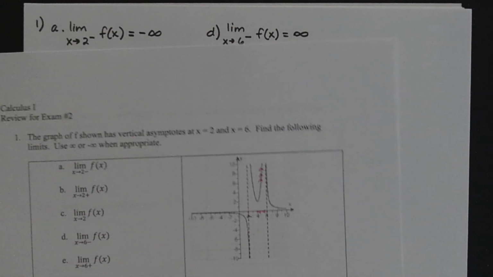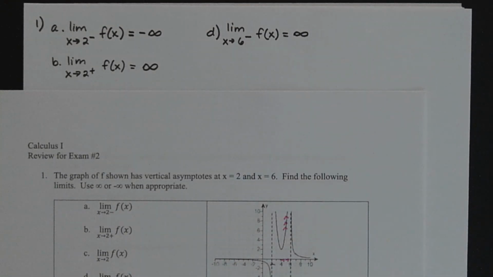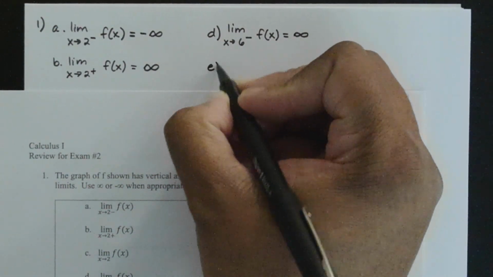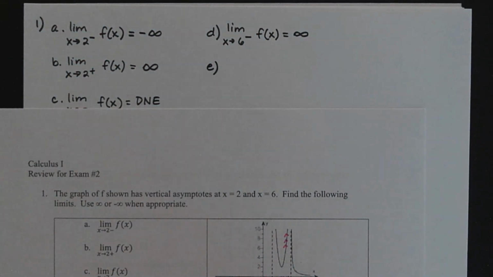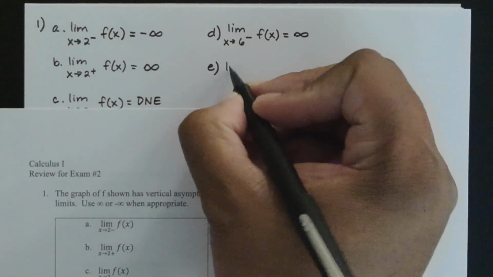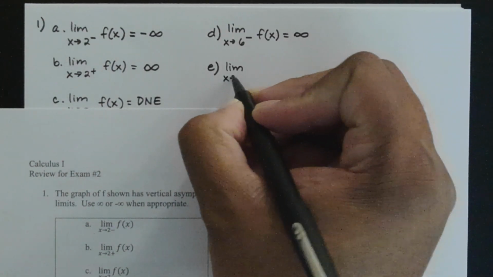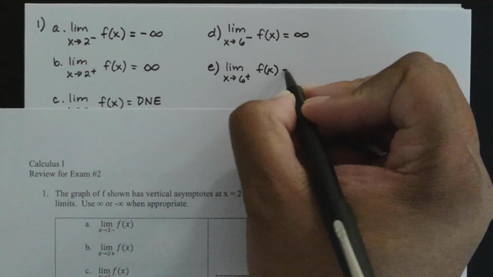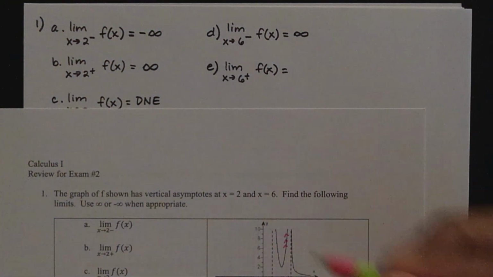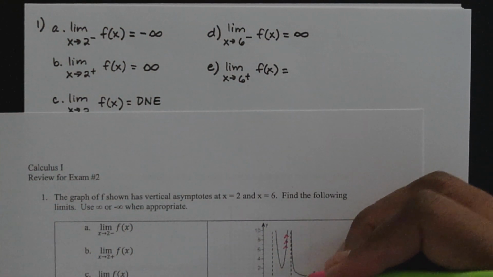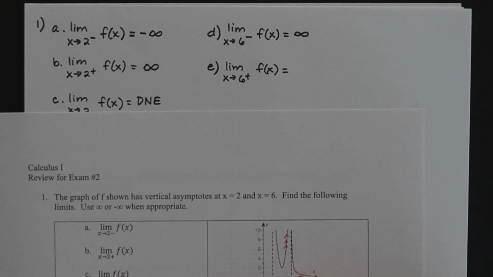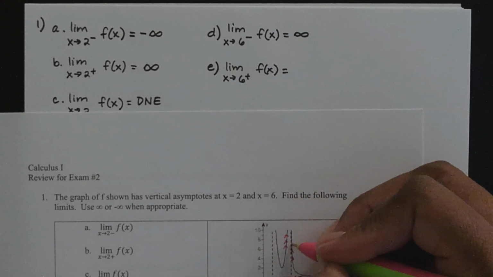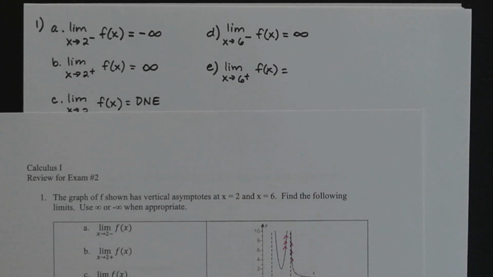And then in part E, the limit as x approaches 6 from the right of f of x. Okay. We're coming in to the right side of 6. So that means this is going where? Positive infinity.